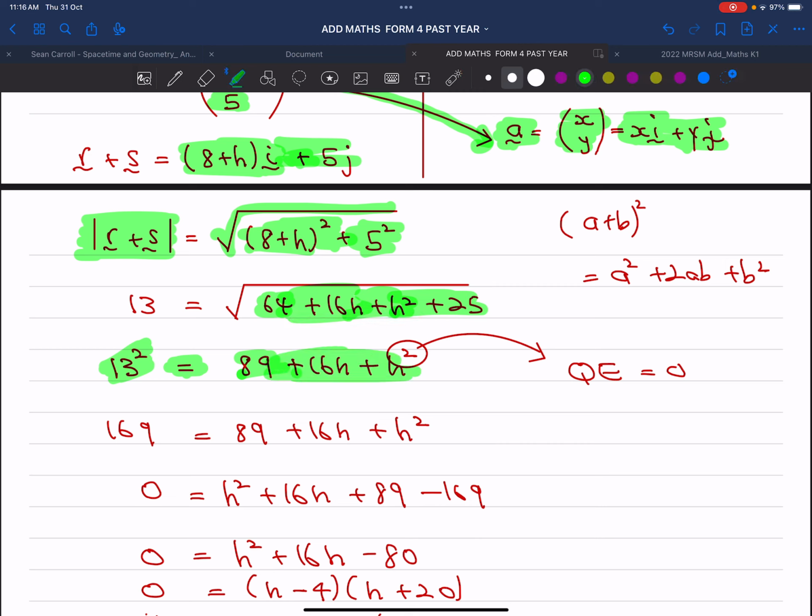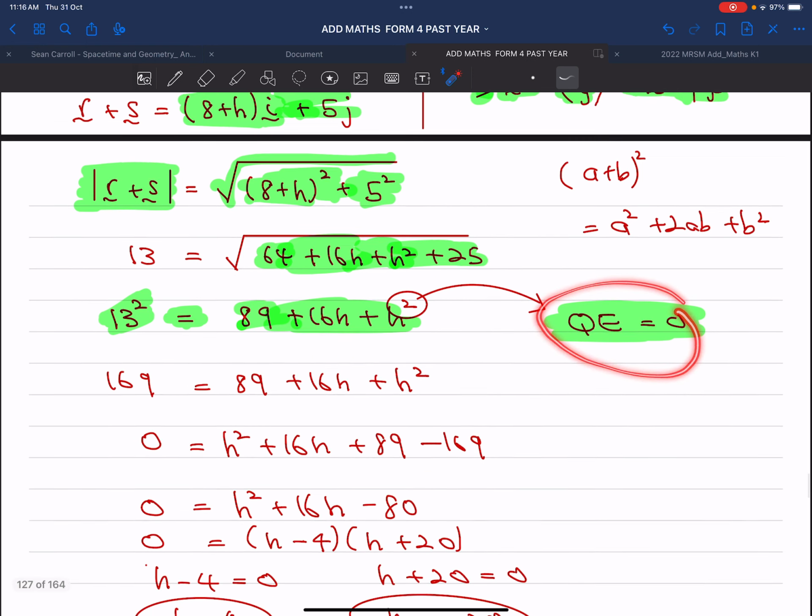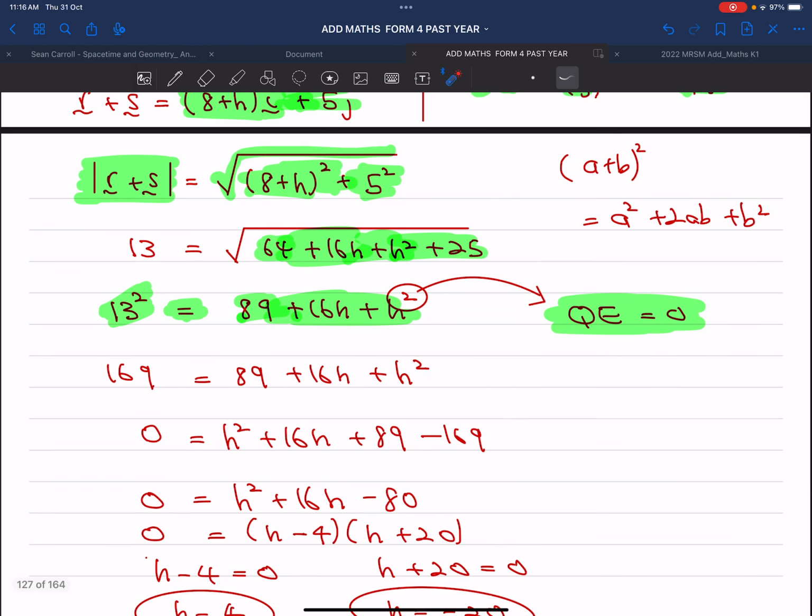Now once I see the square, it means it must be a quadratic equation and I have to make it 0. So now 13 squared is 169. Right hand side, I just copy back. And then the 169 I'm going to transfer, so that left hand side is 0.